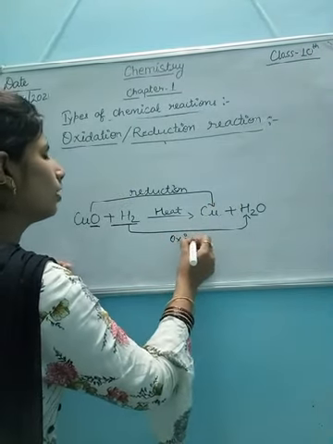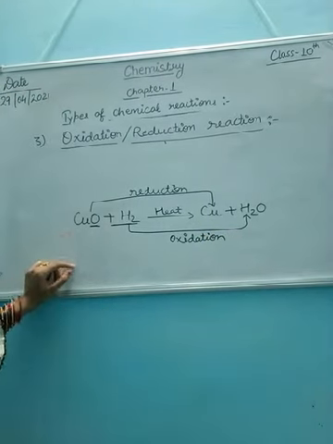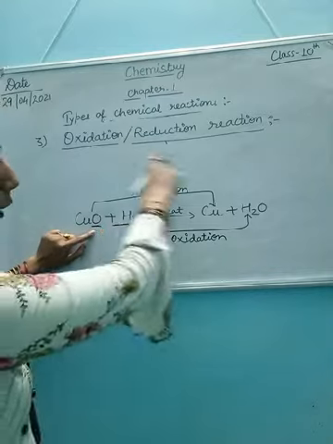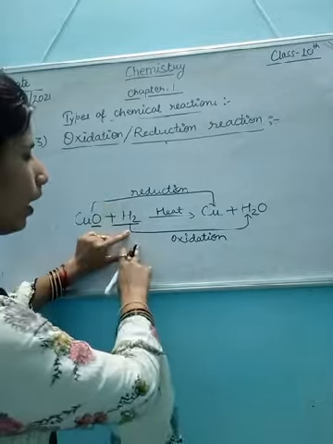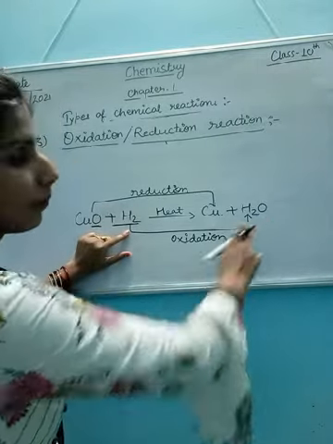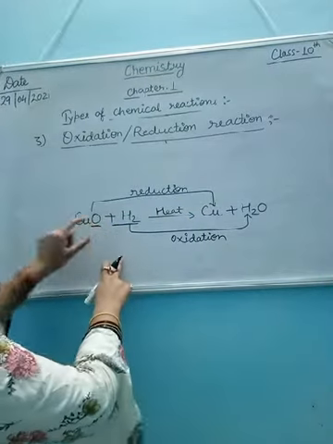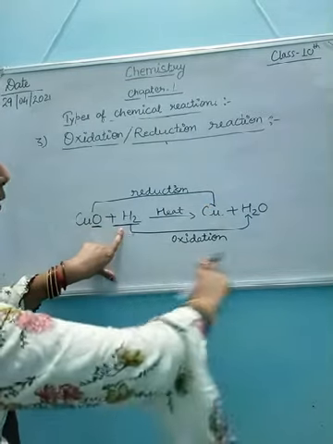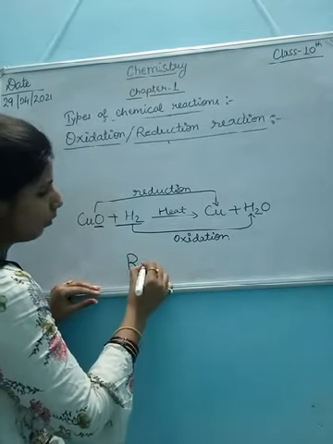That's why here oxidation also occurs. In a single chemical reaction, both processes occur, oxidation and reduction. Copper oxide is reduced into copper and hydrogen is oxidized and forms water. So this type of reaction is known as redox reaction.